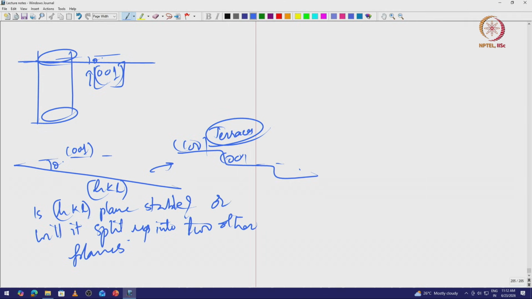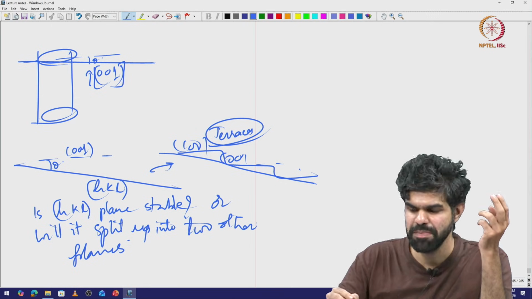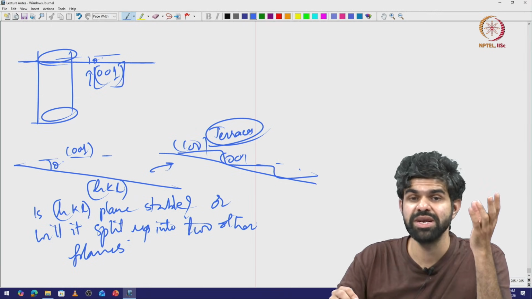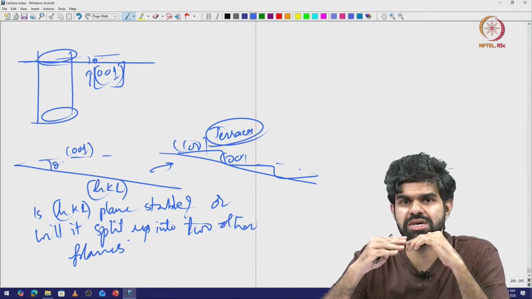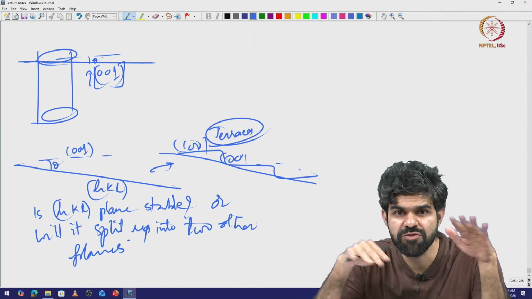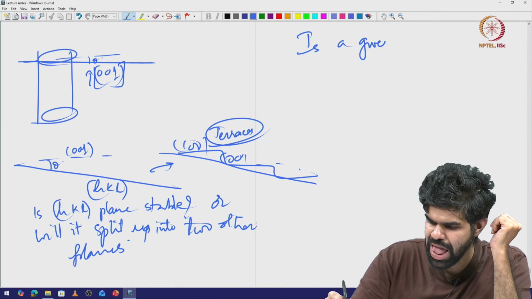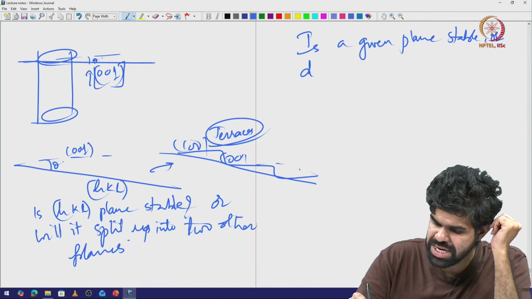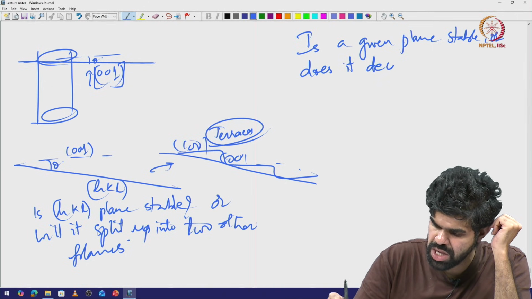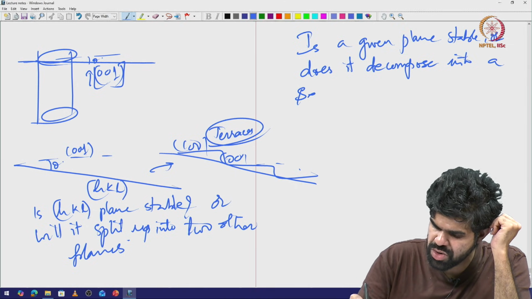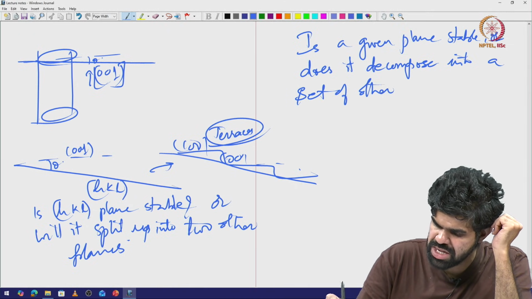So, that fundamentally lets us ask the question: given any plane, is it a stable plane or is it not stable, and does it spontaneously decompose into a set of other stable facets?